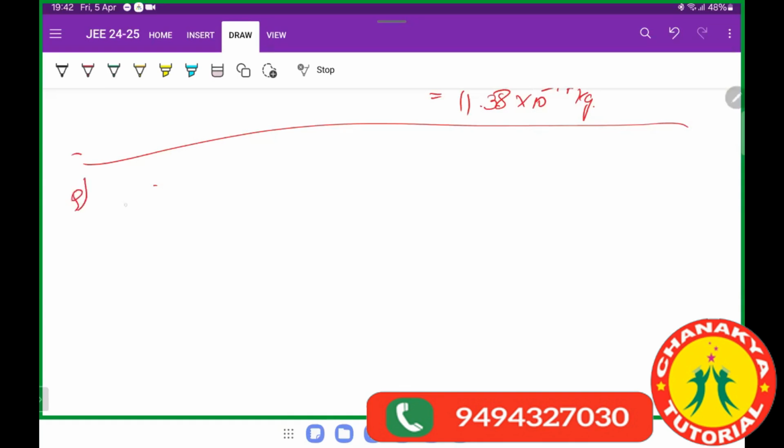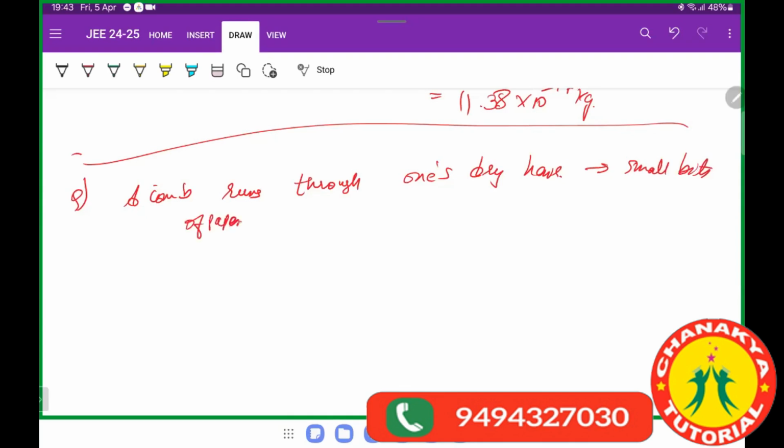So here it says a comb run through hair once. Now it attracts small bits of paper. Why? Because it induces charge.